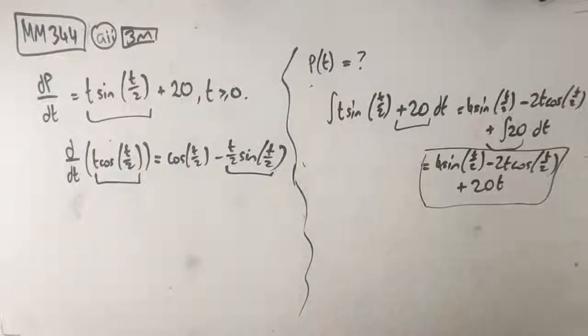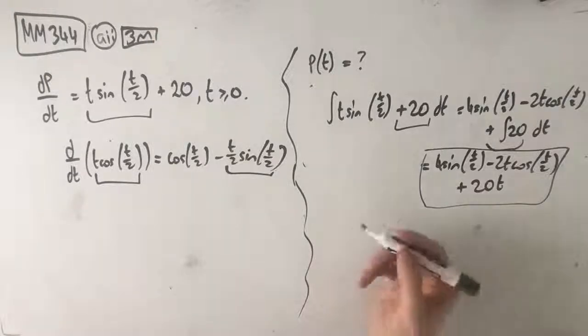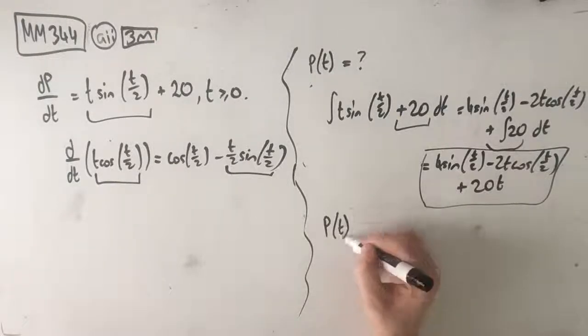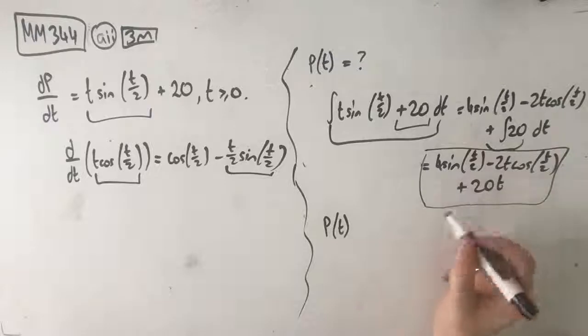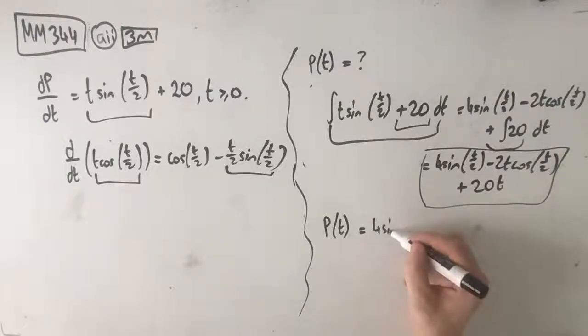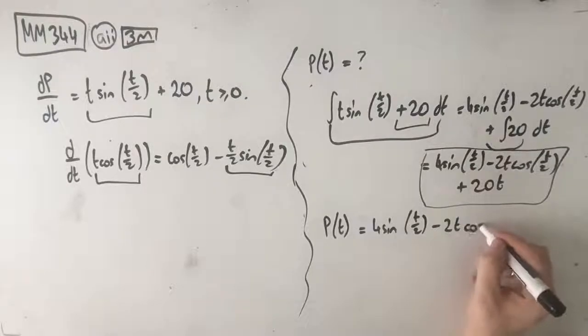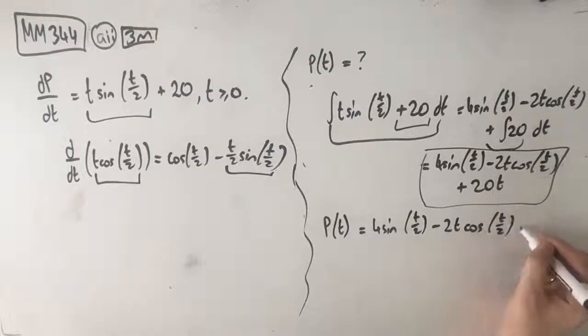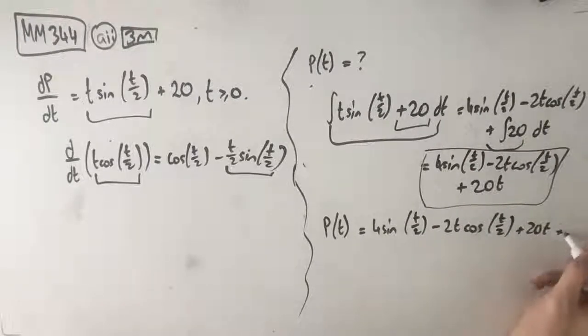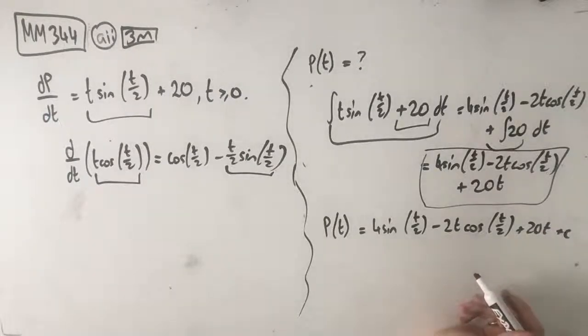Let's just get rid of that. So what we end up with is the fact that P of t, which is this, is equal to that. So P of t is 4 sine of t on 2 take 2t cos of t on 2 plus 20t plus c. Awesome. Now, the question tells us that the population is 0 to begin with, and that the scientists have introduced it.